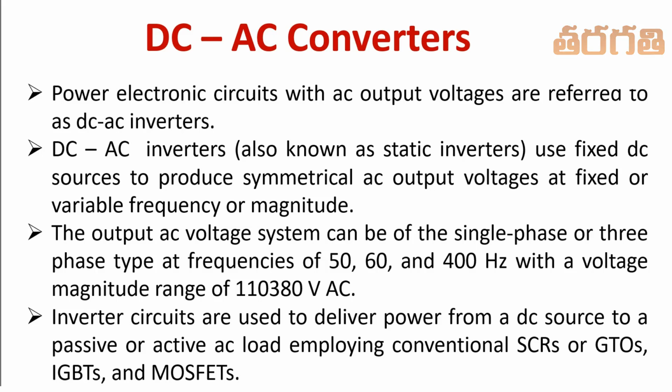The output AC voltage system can be single phase or three phase. Depending upon the load requirements, we can obtain either single phase or three phase voltages at the required frequency.